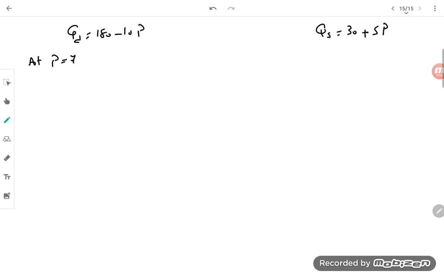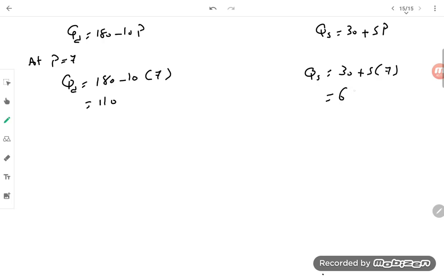So we have to substitute in QD and QS by 7. QD will be 180 minus 10 multiplied by 7 and QS will be 30 plus 5 multiplied by 7. So this is 110 and this is 65.